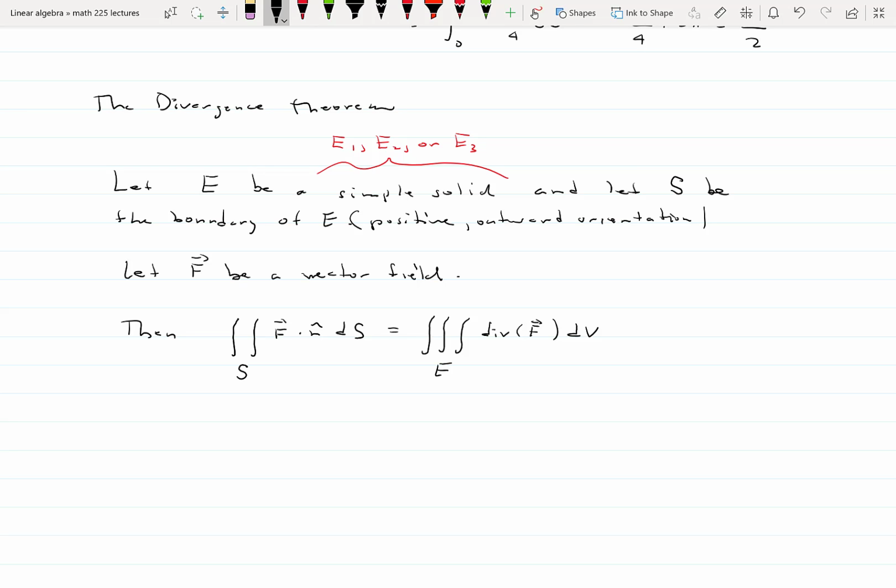That is, the flux of F over the surface is equal to the triple integral of the divergence of the vector field over the interior. Extremely important theorem. And that ends this video segment.